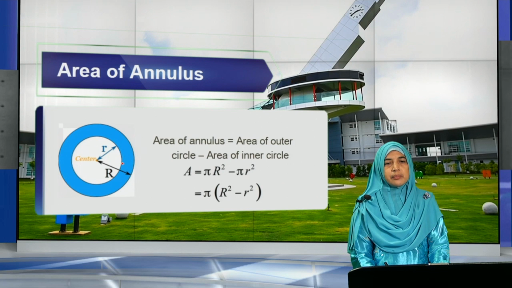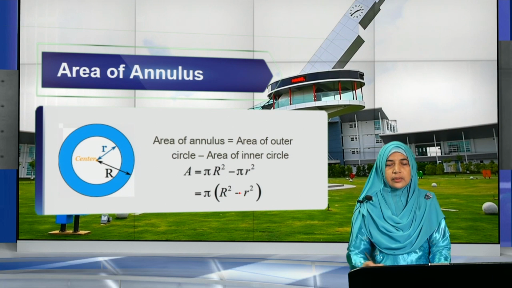So minus pi r squared. So when we factor out the pi here, we will get A equivalent to pi, big R squared minus the small r squared.